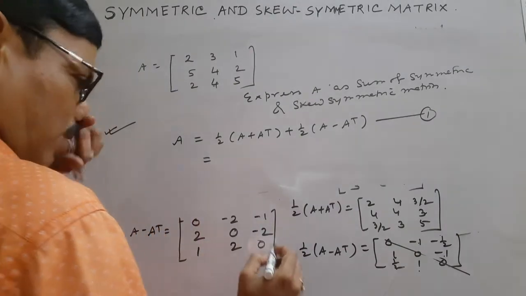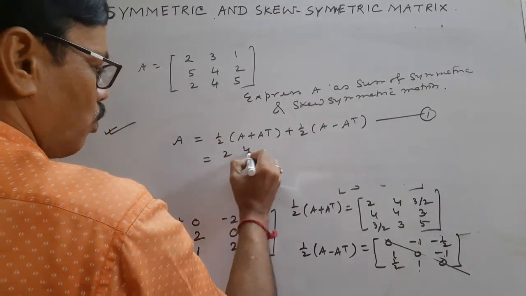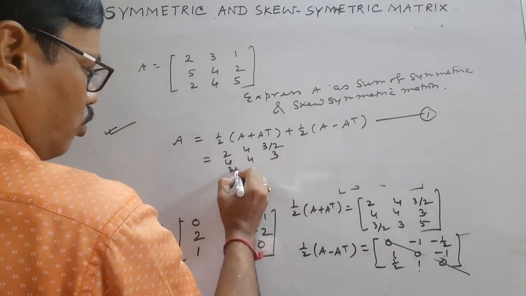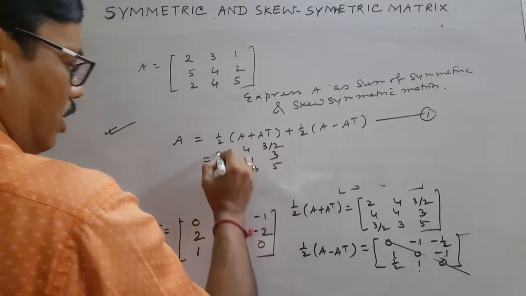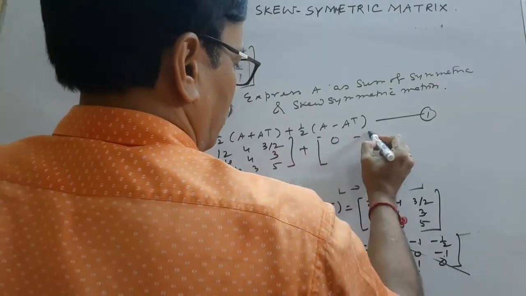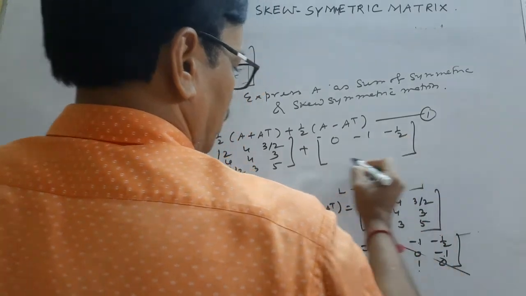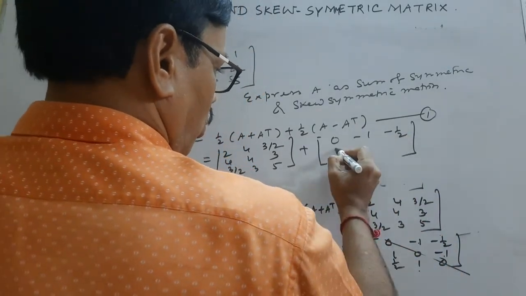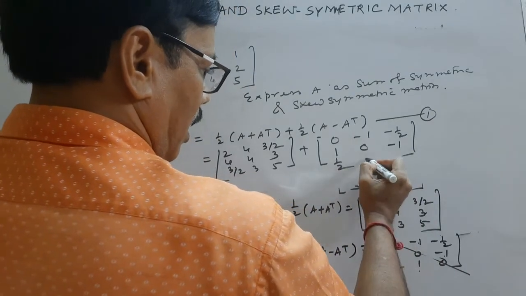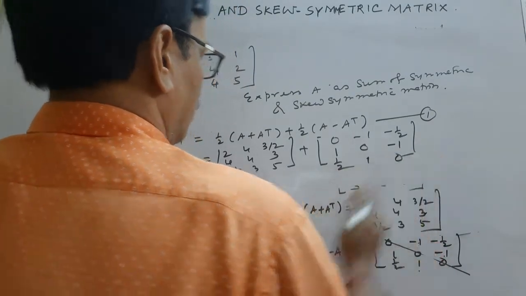So what is the first part? 2, 4, 3 by 2, 4, 4, 3, 3 by 2, 3, 5. This is symmetric, and the skew symmetric part is 0, minus 1, minus half, minus 1, 0, minus 1, half, 1, 0.